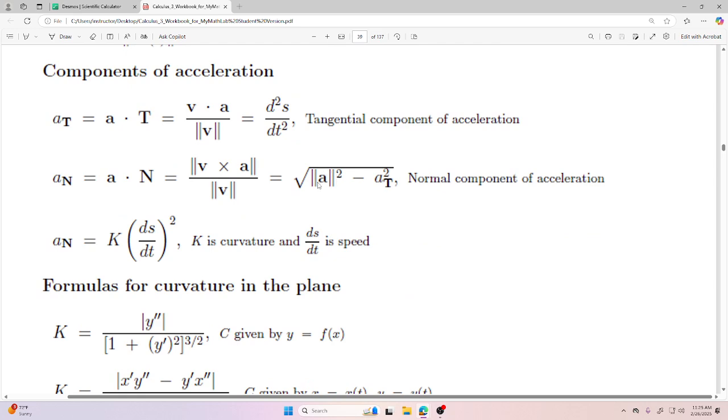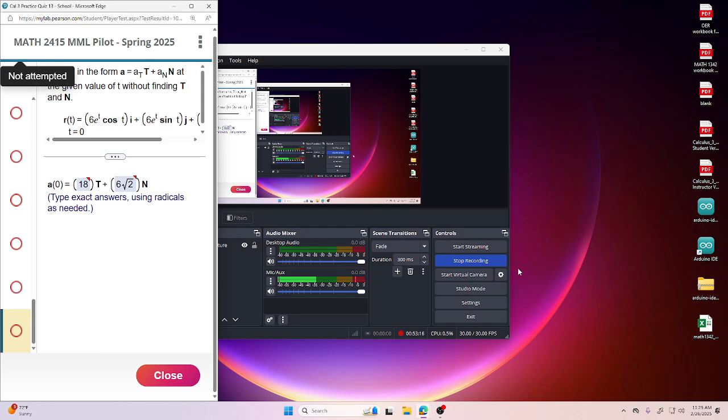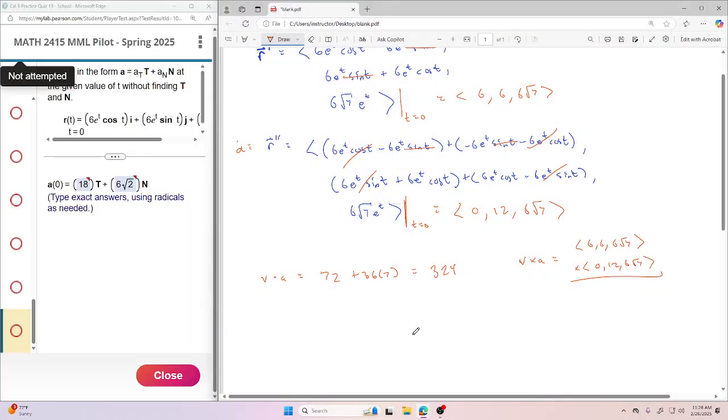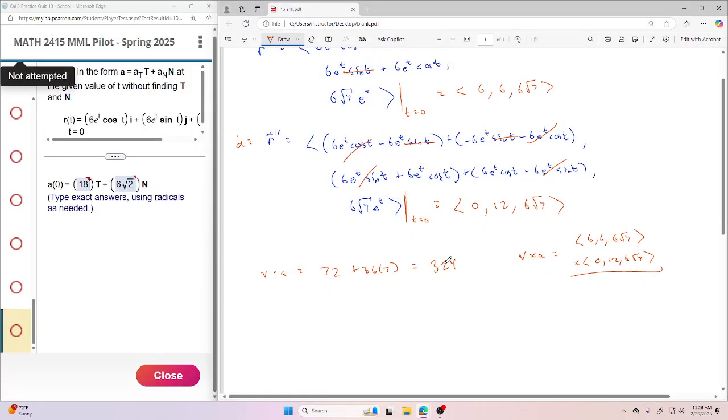So I could, yeah, I already have that. Well, okay, I could find that. That's not too bad. And then this one I'm going to find along the way anyways. So let's find AT, and if it's pretty, then I'll do that one. Yes, you're right. And see, that's why sometimes that formula is great. Sometimes it's like, I don't want to use it, right? It kind of depends.